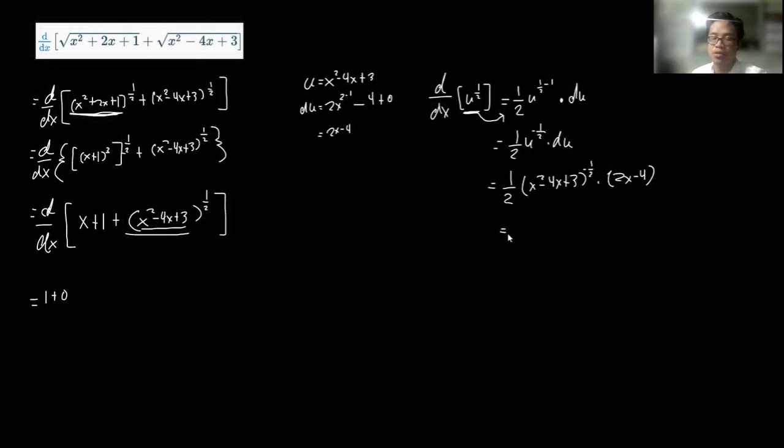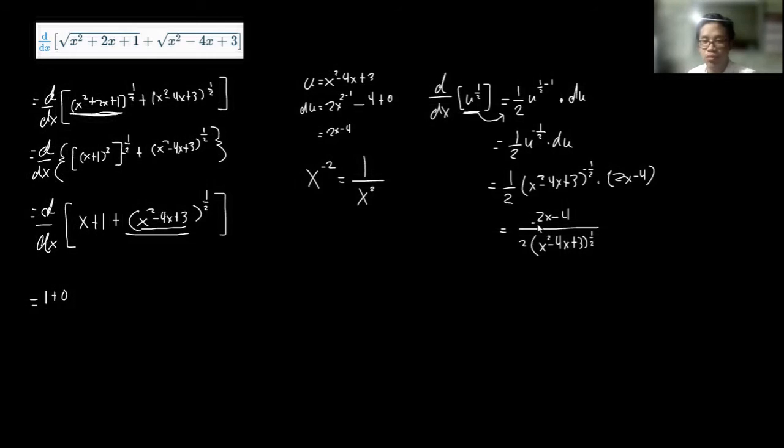So in this case, I will have 2x minus 4 all over, since this one is a negative exponent, if you recall, you can just bring it down in the denominator. Like x raised to negative 2 is just the same as 1 over x squared. So we have 2 times x squared minus 4x plus 3 raised to 1 half.